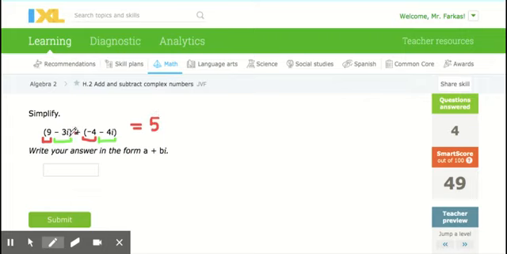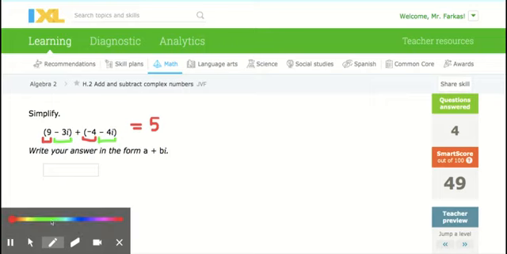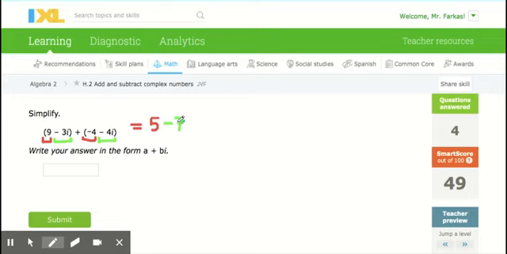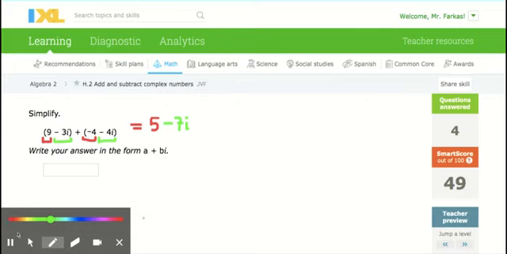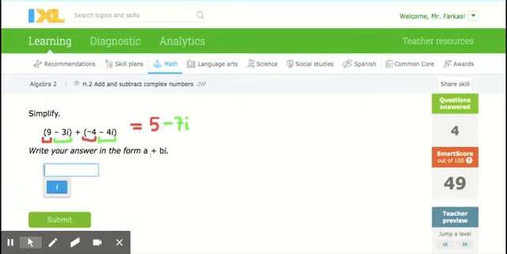And then a negative 3i and a negative 4i, since they have the same sign, you want to combine those two. Negative 7i. So if we want to write this as a complex number, we're going to write 5 minus 7i.